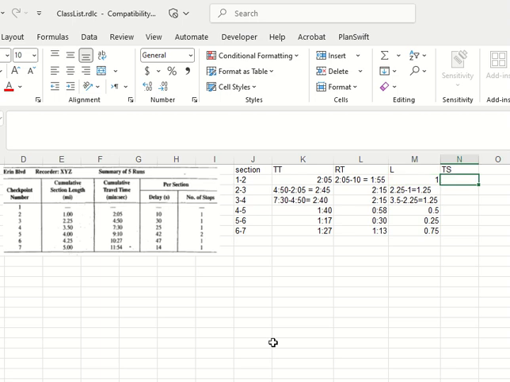Your distance is 1, in this case 1 divided by time. Now time is in minutes and seconds, so you have to convert it into hours. It's 2 minutes 5 seconds, right? So 2 by 60 plus 5 seconds will be this one.